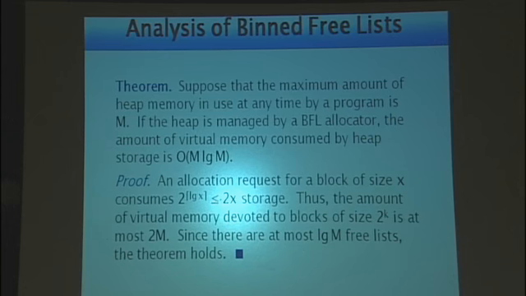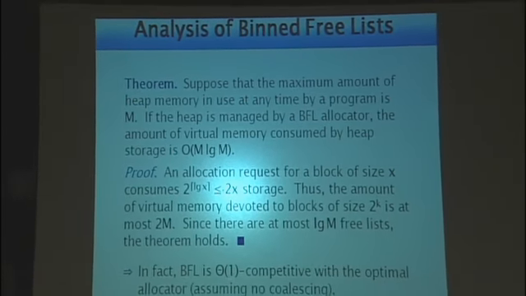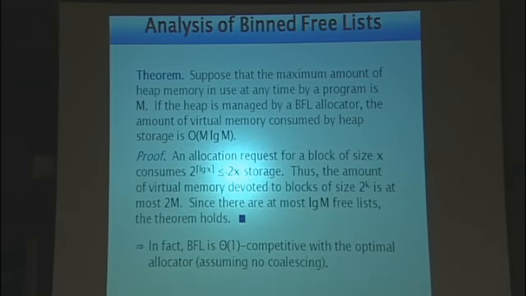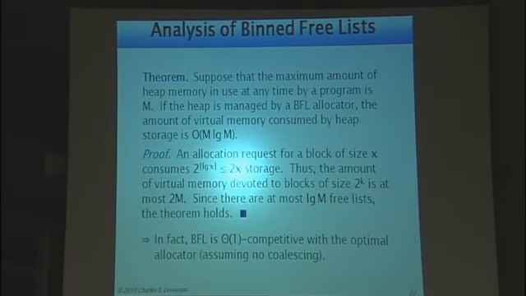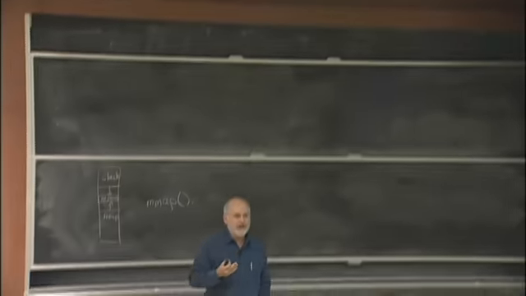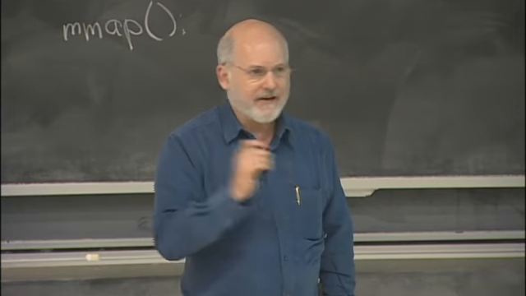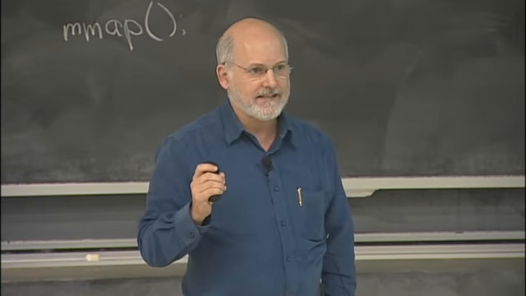Now it turns out that there's actually a stronger property. In fact, you can show that bin free list is order 1 competitive. Who knows the term competitive in this sense? The algorithmic meaning of competitive? What it means is it's at most a constant factor slower than the optimal omniscient algorithm that could figure out exactly what's going on in every step.